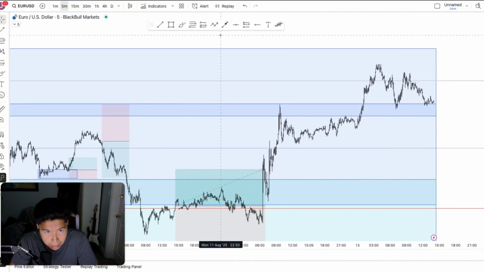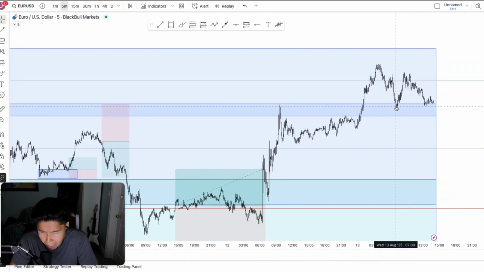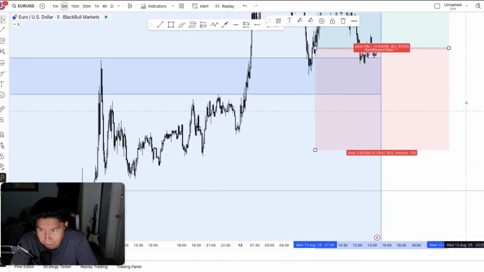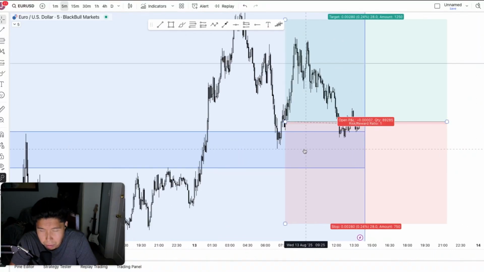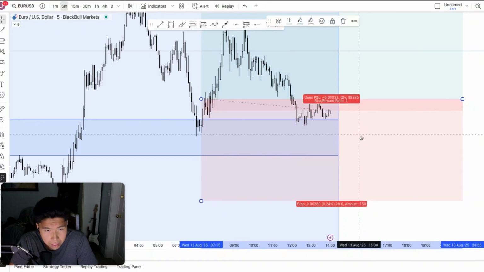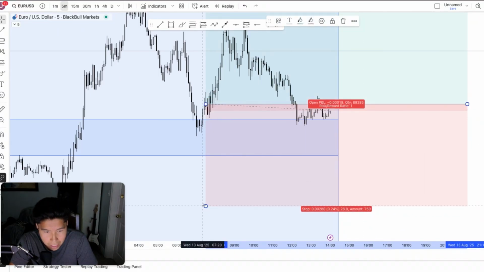So let's say I was actively looking at this at 7 a.m. this morning and I took a buy like my entry model says to do. Let's zoom in a little bit, because it would be after the second green candle close, which would have been right here. I entered, and then I have 1-to-1.